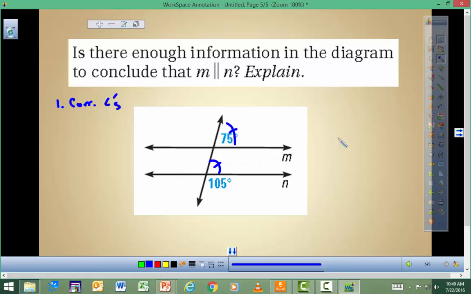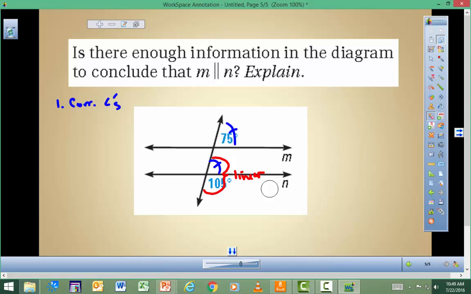Oh, but take a look here. Notice that these two angles form a linear pair. And I know, because Mr. Russell taught me this back in chapter 2, that linear pairs are supplementary. That means they have to add up to 180 degrees. So this angle up here has to add up to 180 with this one.